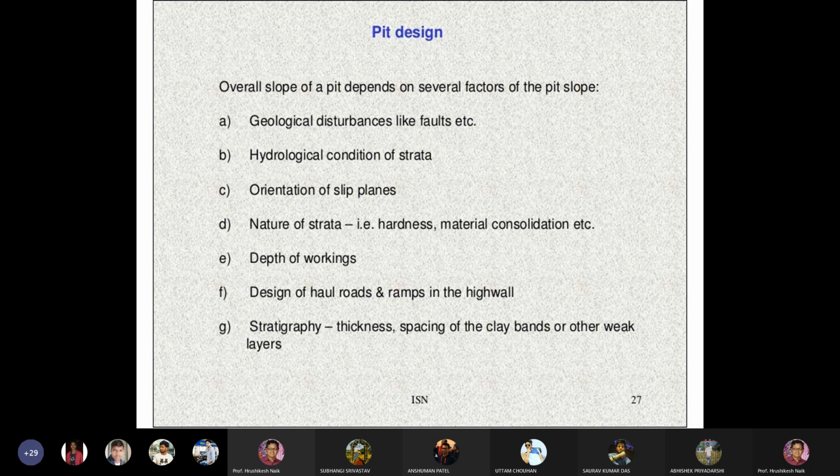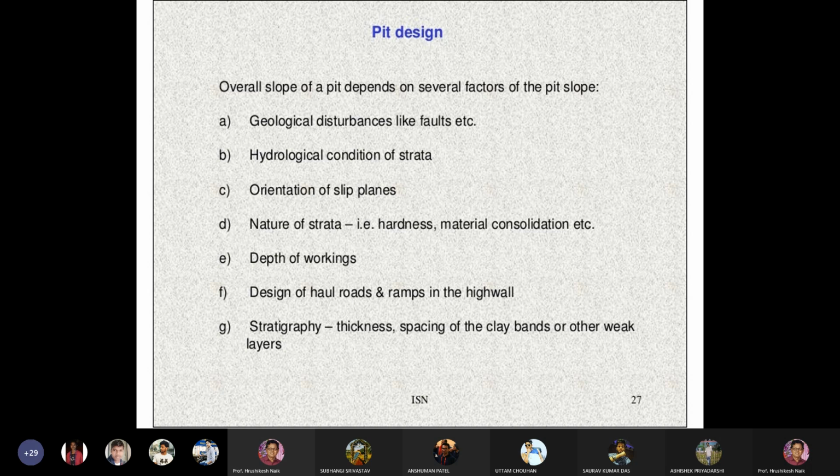So, while going for pit design, the overall slope of a pit will be designed, which is dependent on several factors like geological disturbances like faults, joint planes, hydrological conditions of the strata, orientation of slip planes, nature of strata, that is your hardness, material consolidation, etc. And the depth of working, at what depth you are going to work, design of haul roads and ramps in the high wall, stratigraphy, thickness, spacing of the clay band or other weak layers.